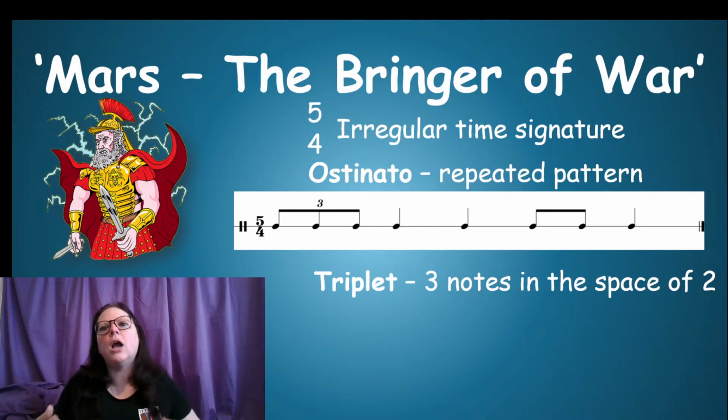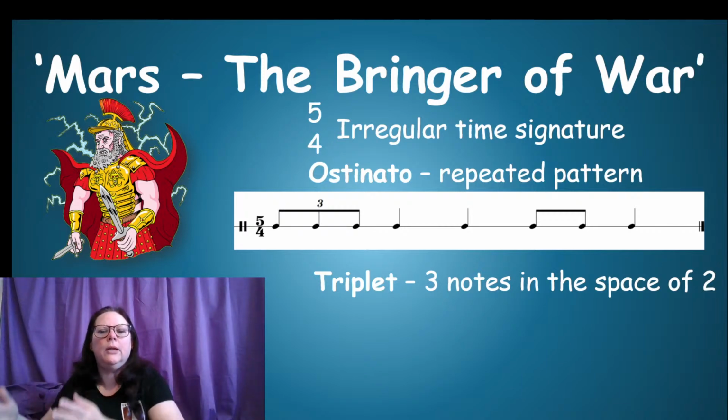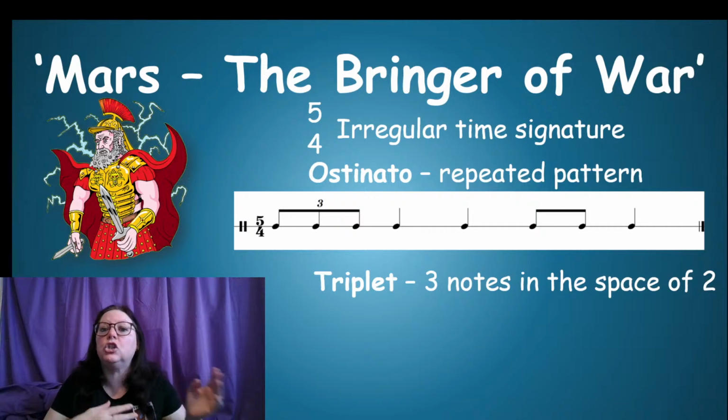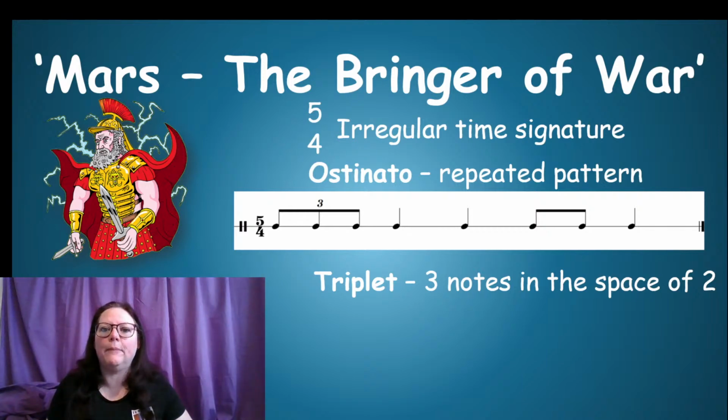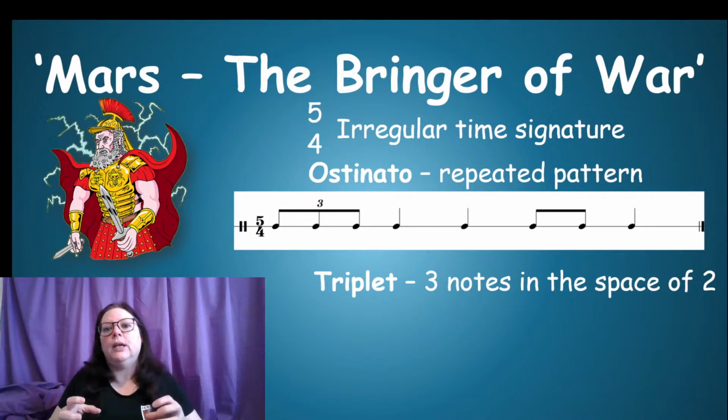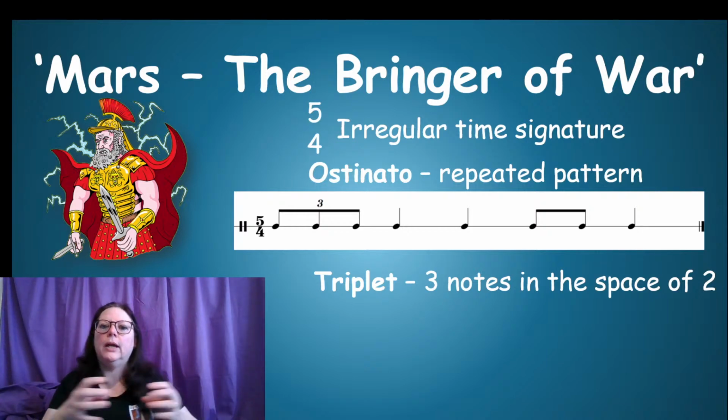If you write a time signature that is using one of those numbers at the top, it gives this irregular feel, because you can't divide it up into sections. You can't divide it into 2 or divide it into 3. It's not divisible, and so because of that, it feels wrong. And so what you end up doing is you split it into 3 and 2, or 2 and 3.